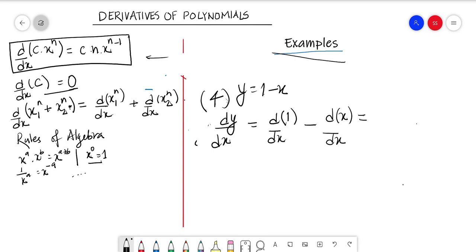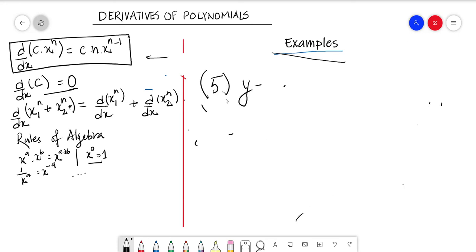The derivative of the first term would be 0 because 1 is a constant and the derivative of a constant term is 0. And for the second term, your constant is 1, and x to the power n minus 1, because n is 1 here. So this would be equal to minus x to the power 0. And if you remember the rule of algebra, any variable to the power 0 would be 1.